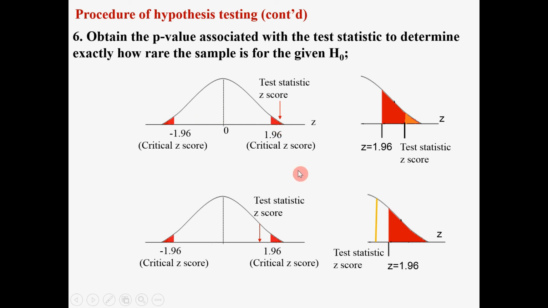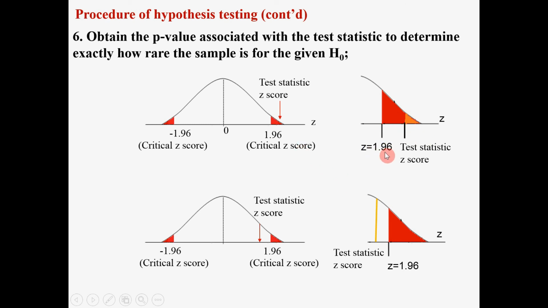Now, let's suppose that the test statistic z-score falls in this corner, somewhere in this corner. And to see it more clearly, we have an enlarged picture here to show this upper tail rejection corner.